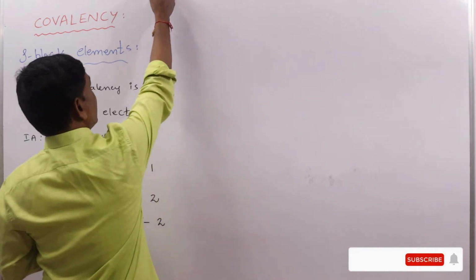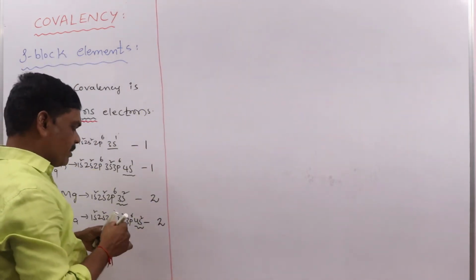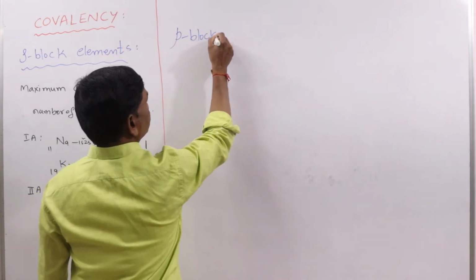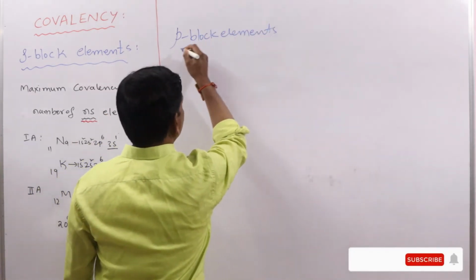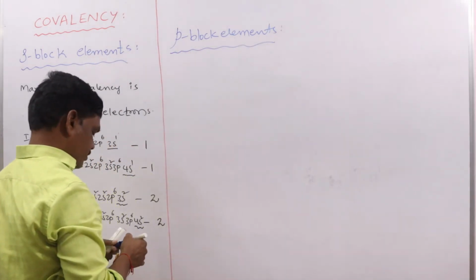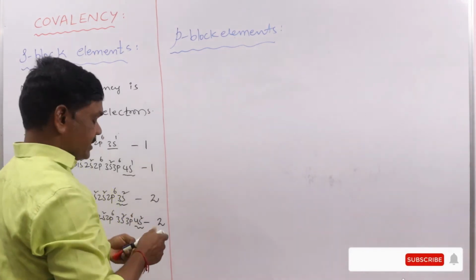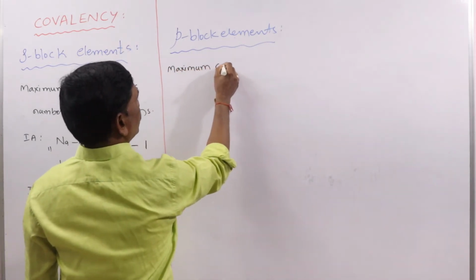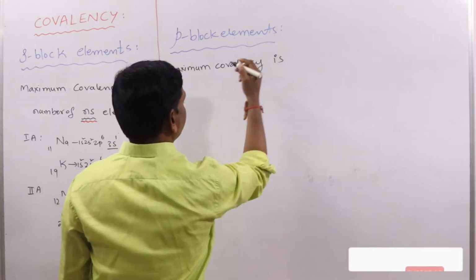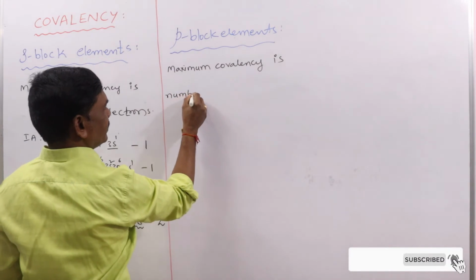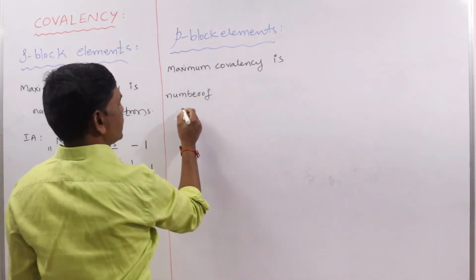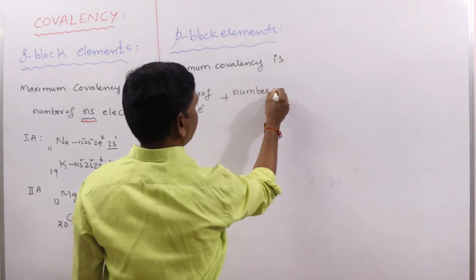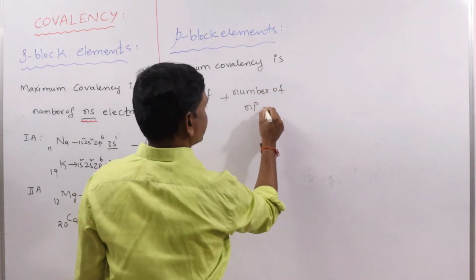The second one is p block elements. For p block elements, maximum covalency is the number of ns electrons plus the number of np electrons.